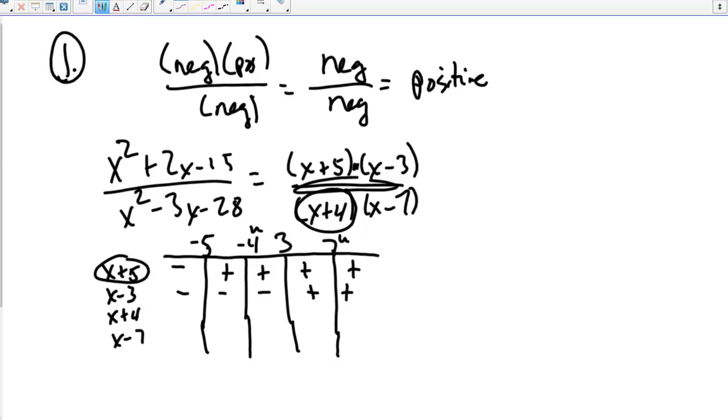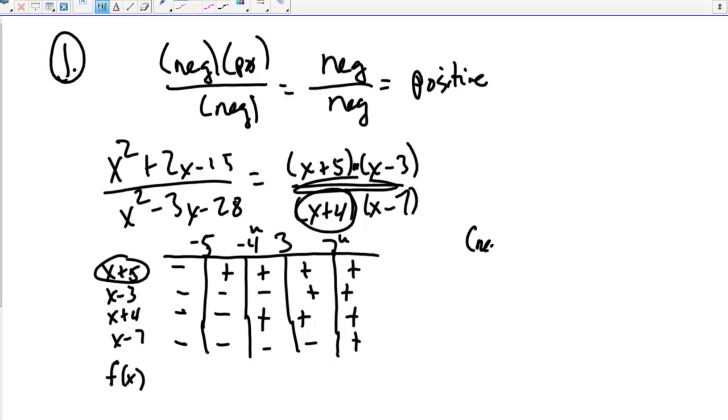Likewise with x plus 4, it will be negative before negative 4, positive afterwards, and x minus 7 turns out to be negative before 7 and positive after. So when we put this all together and we look at our f of x, we see here that for every number before negative 5, we'd be taking a negative times a negative, divided by a negative times a negative.